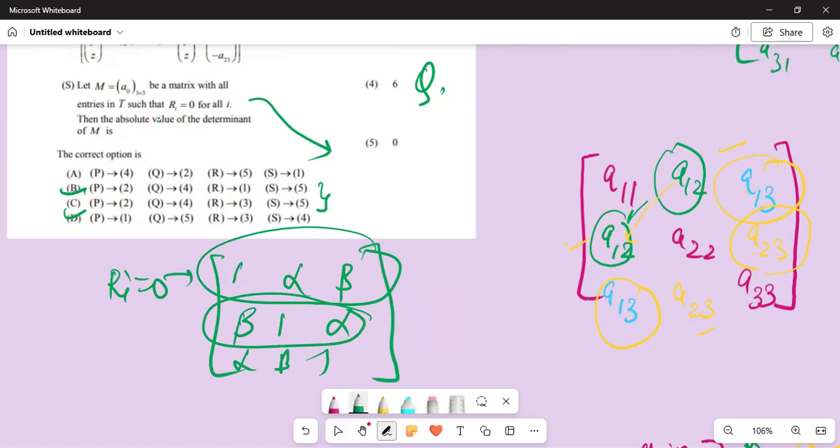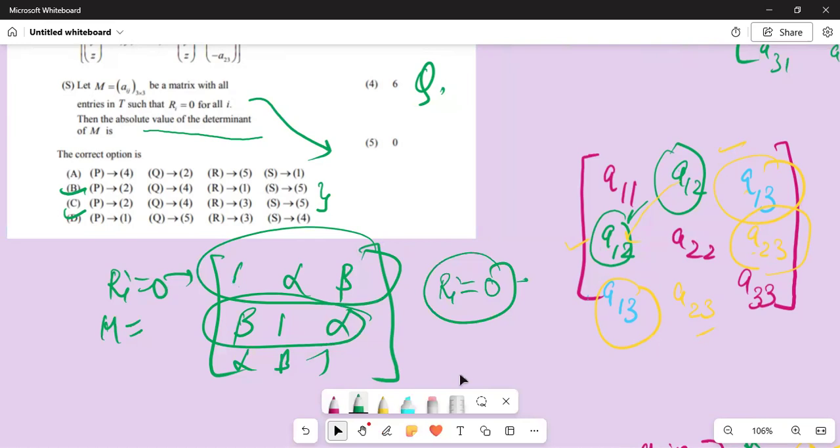Now you have to calculate the absolute value of the determinant of M. So this is M. And according to your choice, you have that Ri equals 0. You have to calculate first the determinant and then take the modulus to get the absolute value. One easy method is the traditional method that you follow to find the determinant.